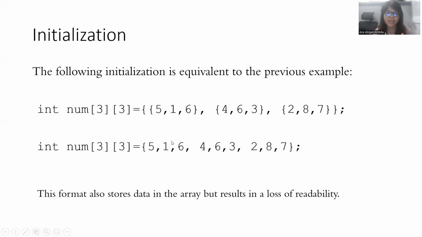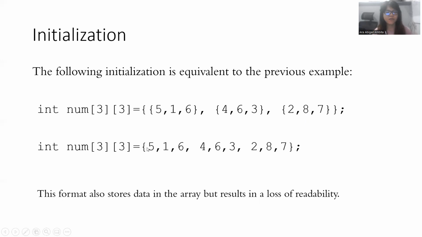So the compiler will understand this as three values that belong to row 1, and then this next set of three values will belong to row 2, and the next three values will belong to row 3. Since the compiler knows that the second dimension, or the column size, is 3, it can understand it without the braces.